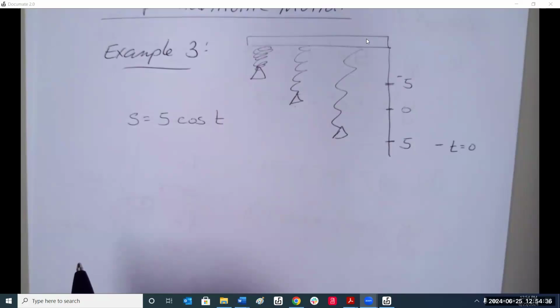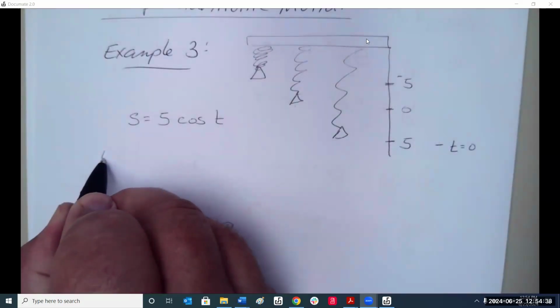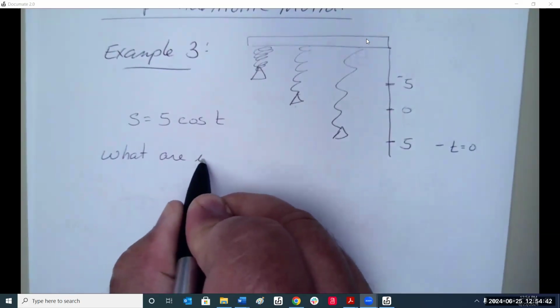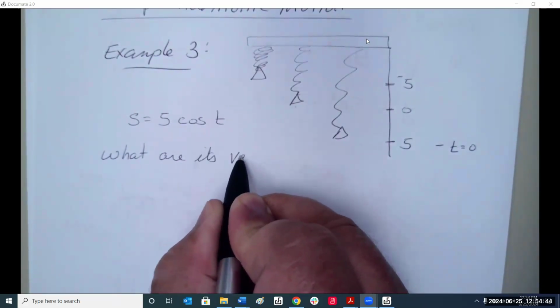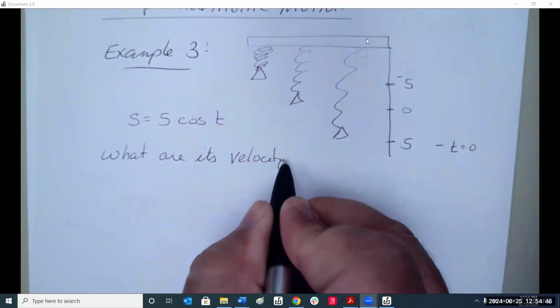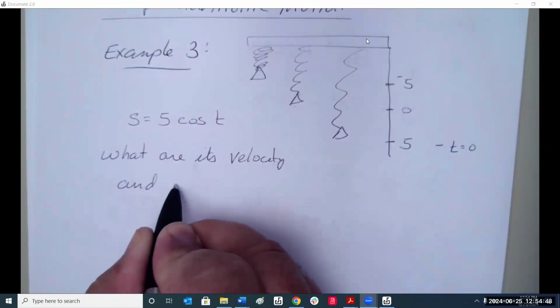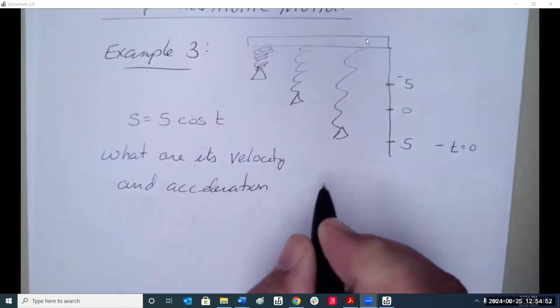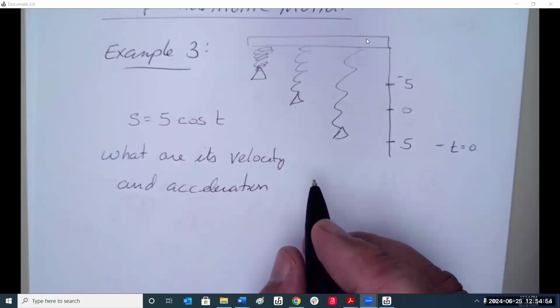What are its velocity and acceleration at time t?